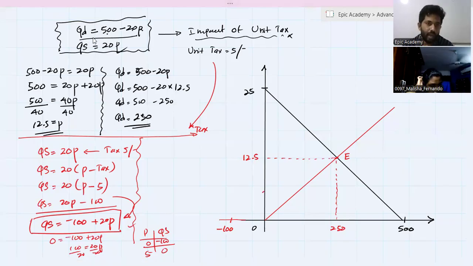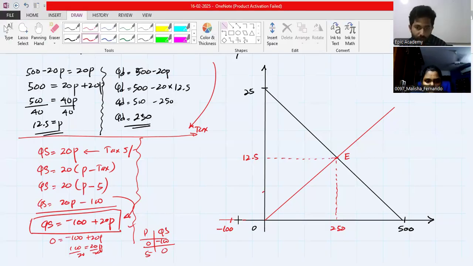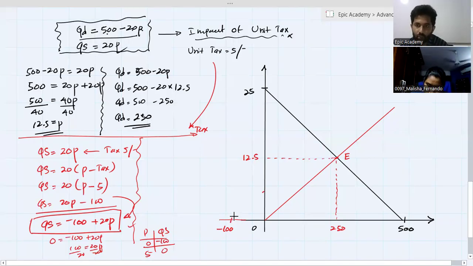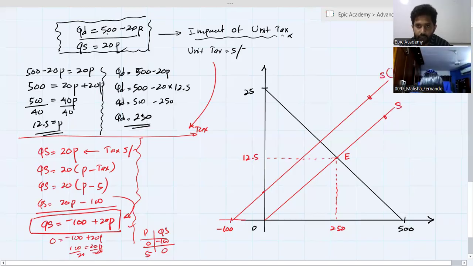So it must be a parallel line, okay? Why? Because there is no change in the slope. You have to show that it is parallel. This is the S curve, or S with tax. Right.